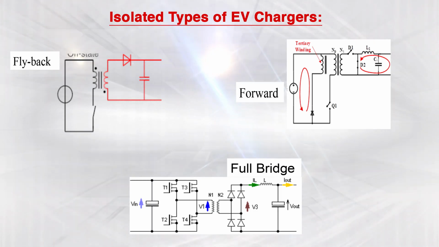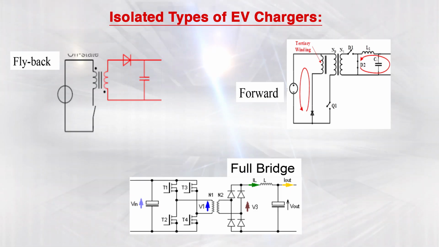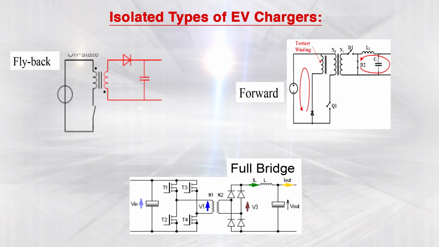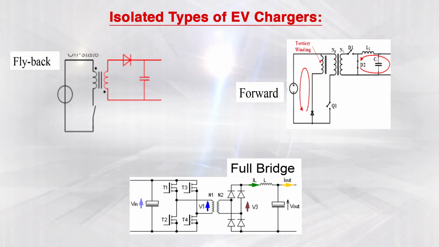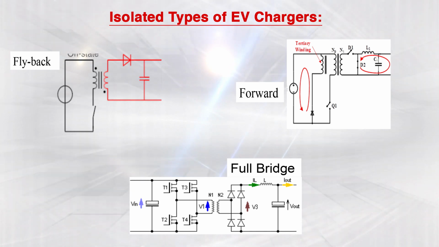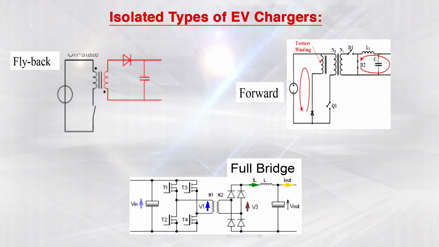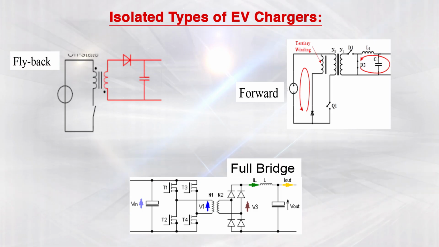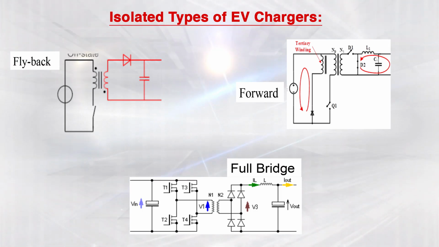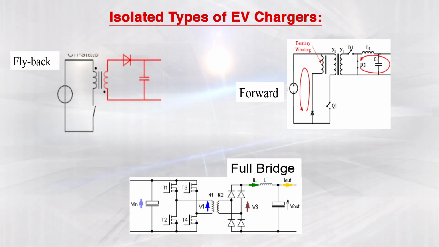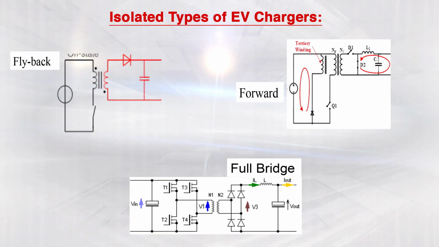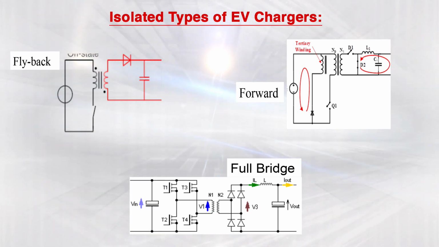Similarly, in the case of the boost converter, when the switch is on, the inductor stores the energy, and when we release the switch, the diode will be in forward bias, and this inductor energy is stored in the capacitor, and the capacitor further releases the energy to the load. This way we can achieve the buck and boost converter operation.